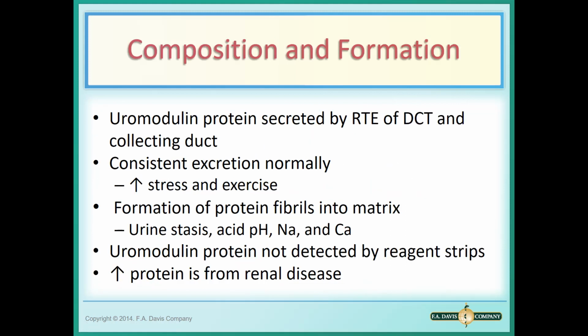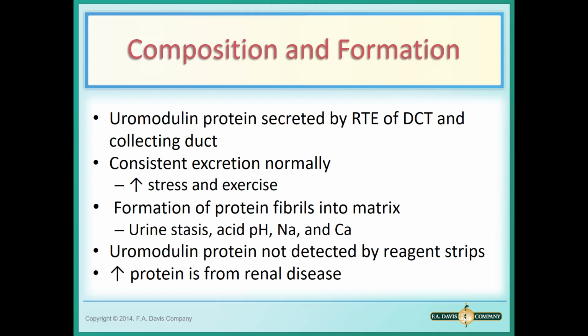How is it made? Uromodulin is the protein that gets secreted routinely by renal tubular cells of the distal convoluted tubules and the collecting duct. Very, very normal to have low levels of excretion of this protein all the time. It gets increased with stress, with exercise, and with some conditions.